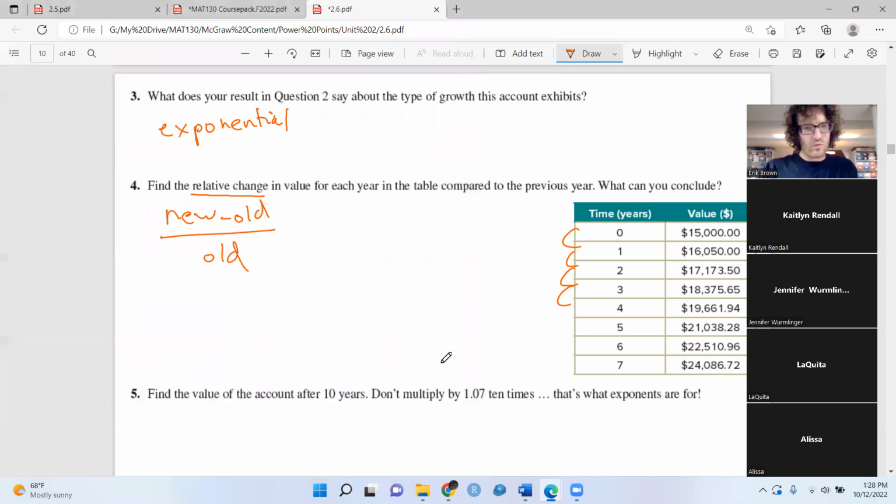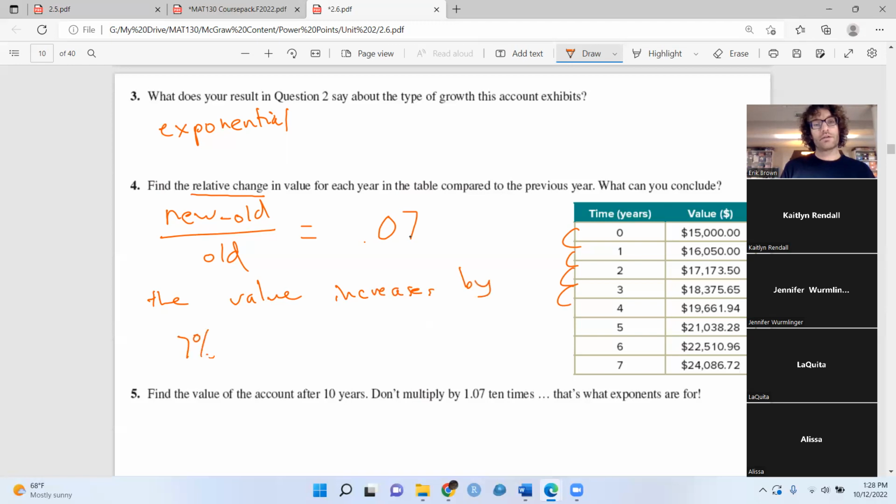Ooh, I think, Mike, that's you, right? You got 0.07. And if you remember interpreting the relative change in context of the situation, Mike, you're crushing it. The value increases by 7% per year.